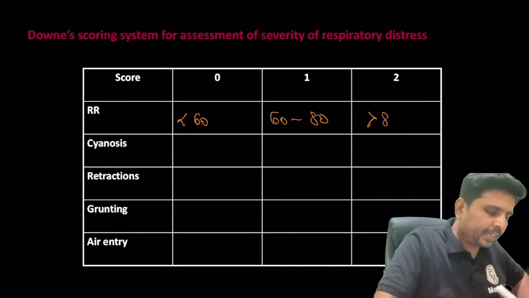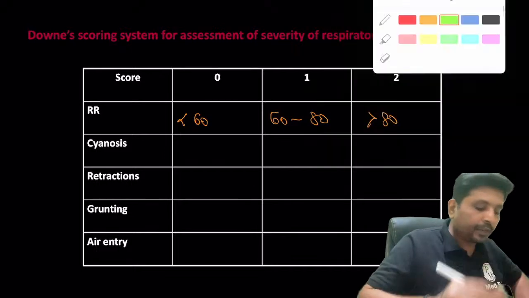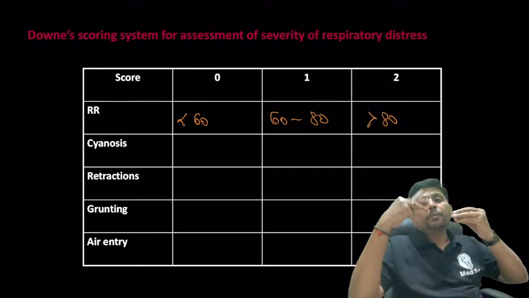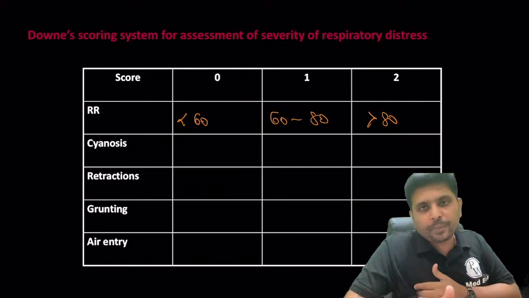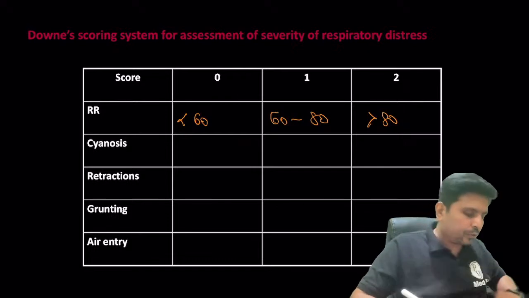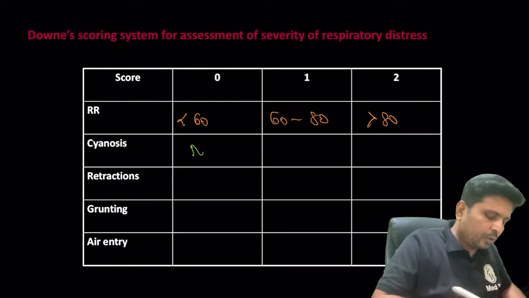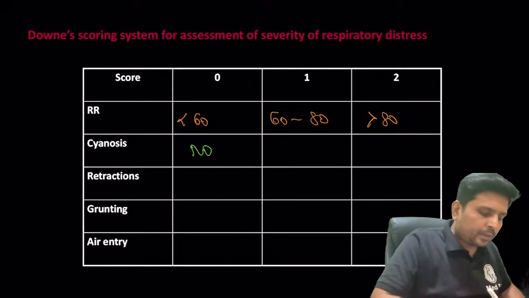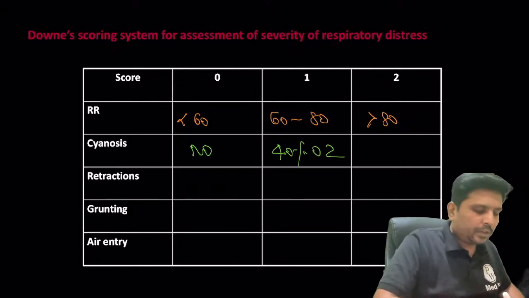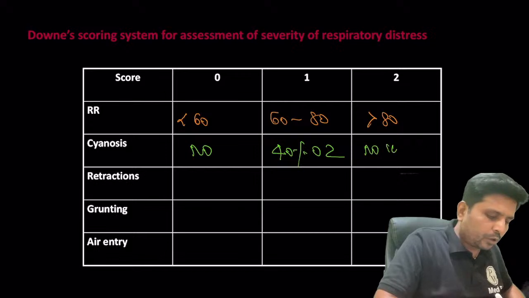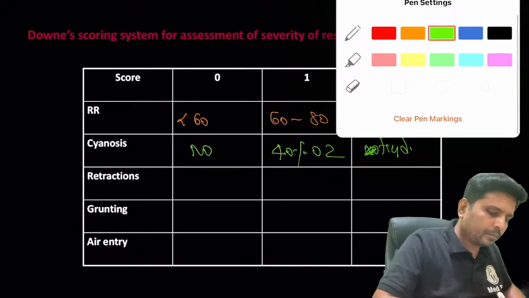This is with respect to respiratory rate. You will definitely be given a picture of respiratory distress and asked to calculate the Downes score. Cyanosis: no cyanosis, cyanosis that disappears with 40% oxygen, and cyanosis not disappearing with 40% oxygen.